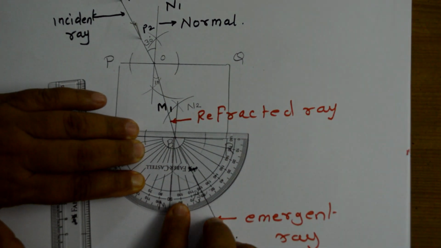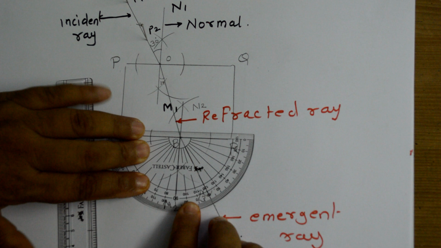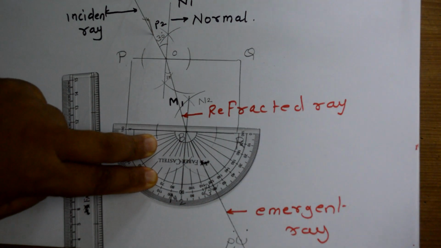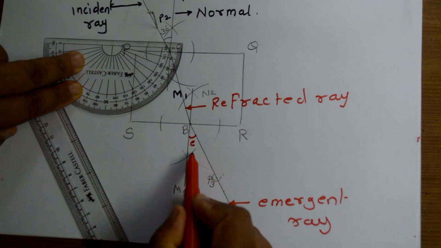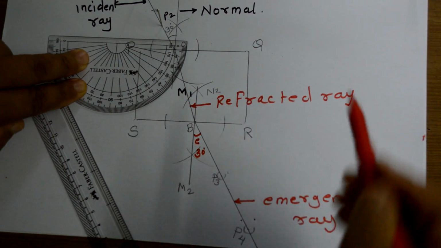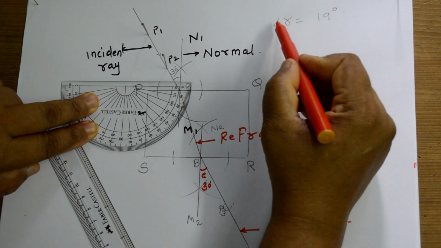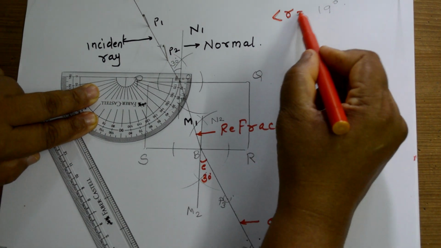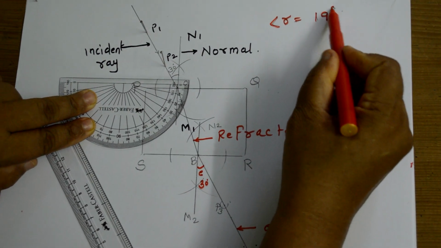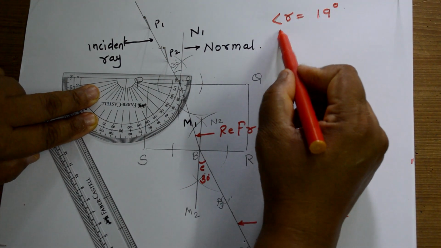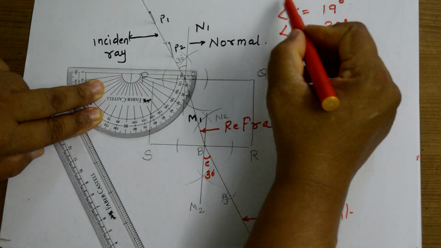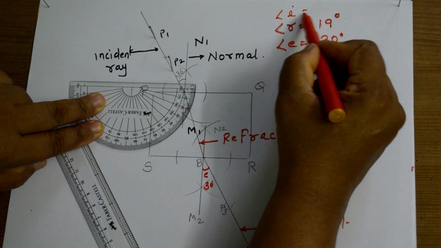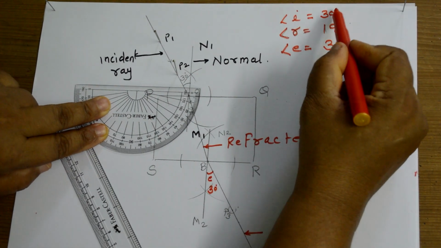We have got exactly 30 degree angle of emergence. This is angle of emergence, which is 30 degree. So angle of refraction is 19 degree, angle of emergence is 30 degree and angle of incidence is also 30 degree.